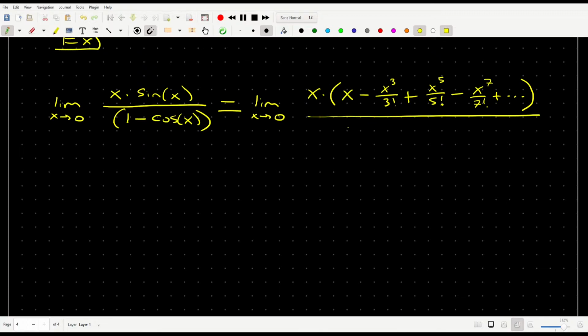And then in the denominator, we have 1 minus cosine of x. The Taylor series for cosine of x, you'll remember, is 1 minus x squared over 2 factorial plus x to the 4th over 4 factorial minus x to the 6th over 6 factorial, and so on and so forth.